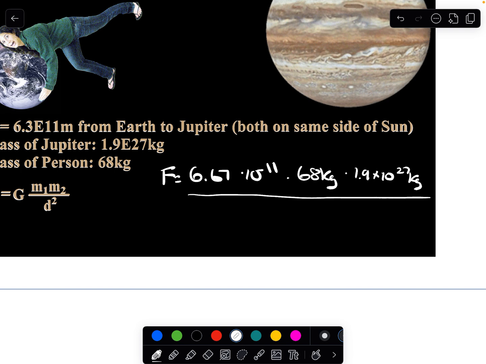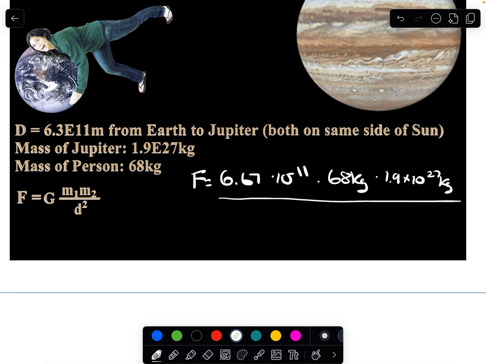Then we're going to divide that by the distance from the surface of the Earth to the center of Jupiter, which is pretty big. It's 1.9 times 10... I'm sorry, let me backtrack on that. It's not 1.9, that's the mass. It's going to be 6.3 times 10 to the 11th meters, and we're going to square that whole thing.